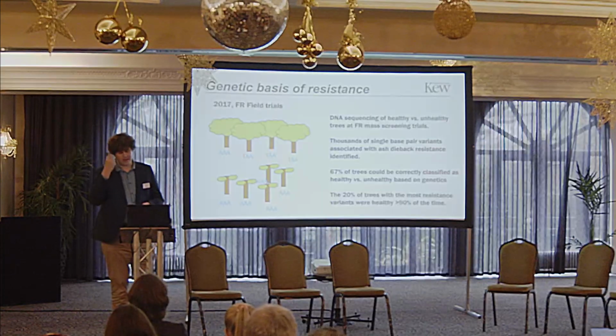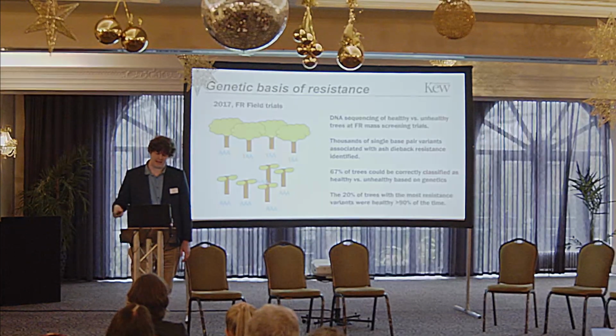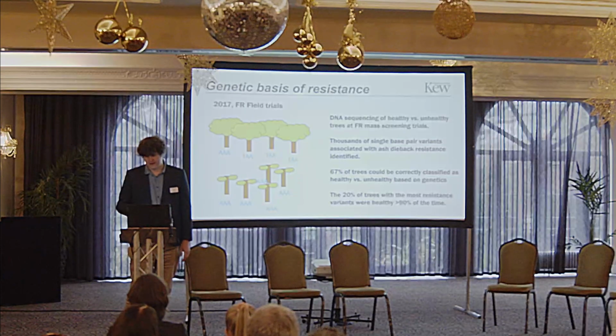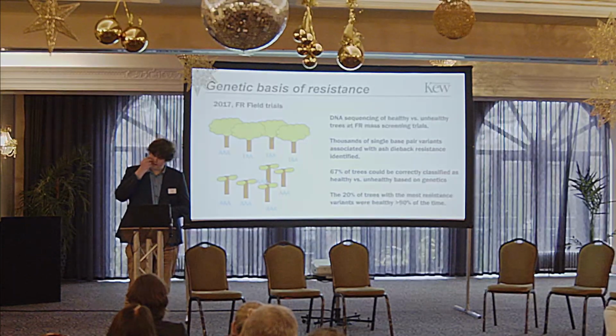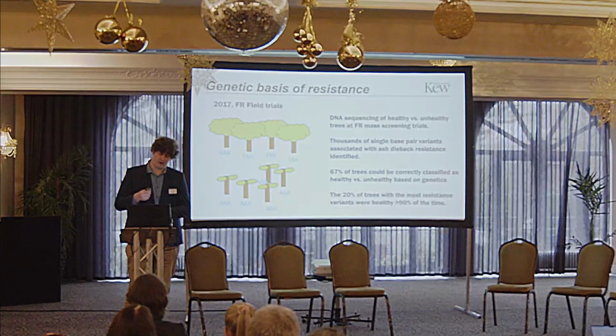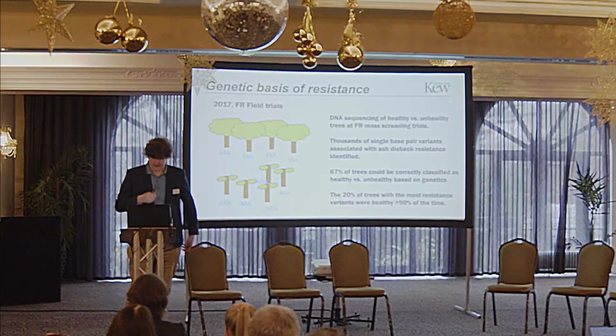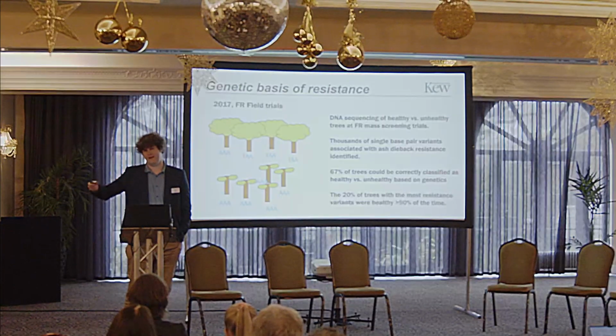And you could use these to try and classify new trees outside that initial data set and see whether you could use the information to identify whether or not they were healthy or sick just based on their genetics. And that seemed to work about two thirds of the time to classify them as healthy versus unhealthy. But an important thing to note is that the top trees in terms of their genetics were almost always in the healthy category.